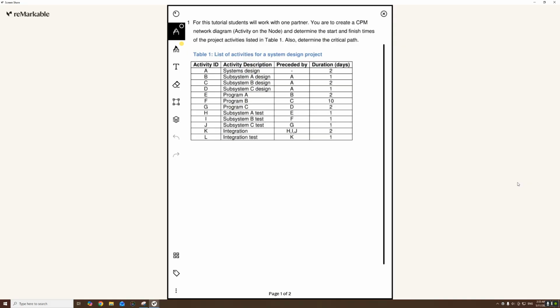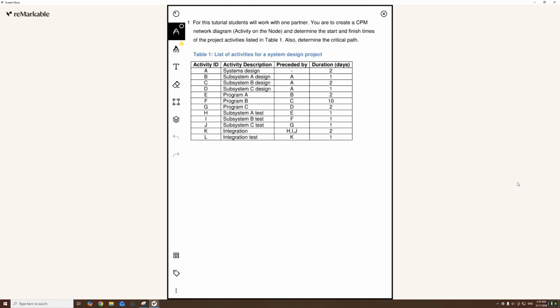Alright, so let's do an example here. You are to create a critical path method network diagram and determine the start and finish times of the project activities listed in table 1. Also determine the critical path.